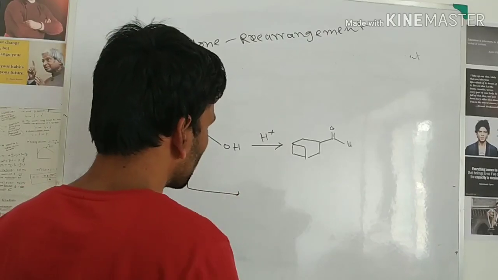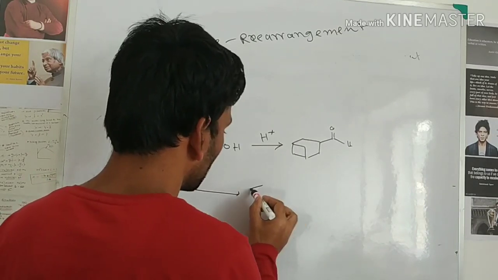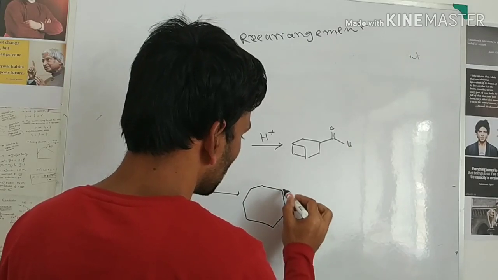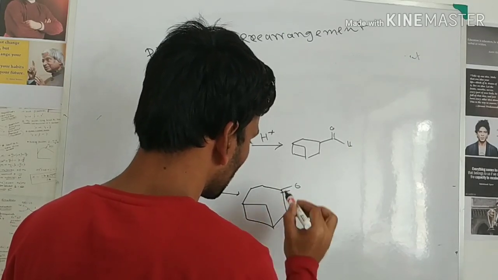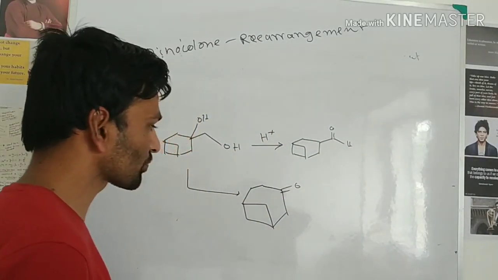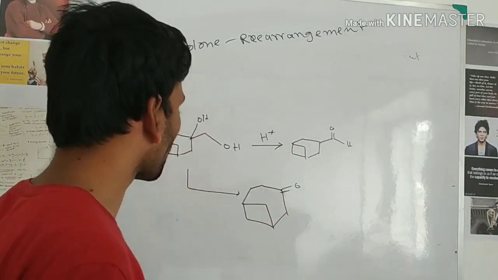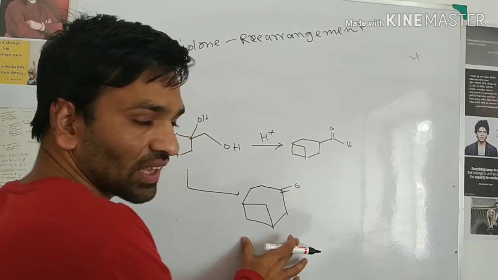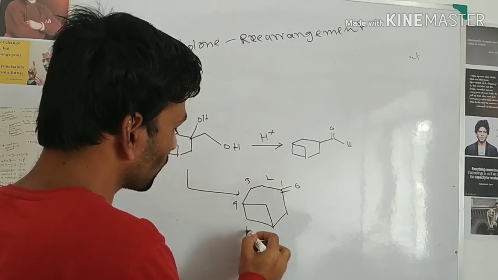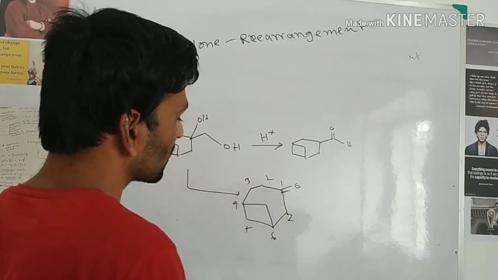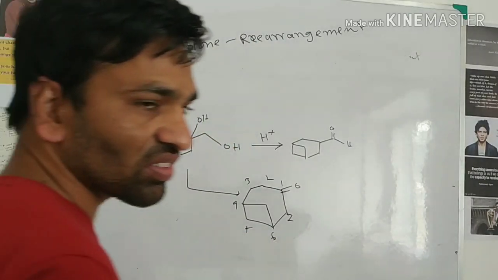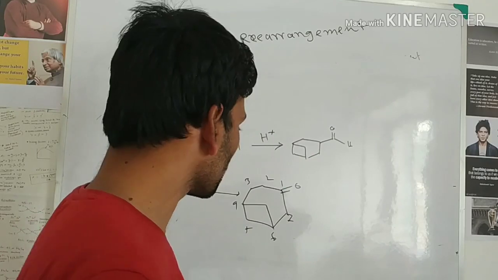I can synthesize this compound, but this is the ring expansion reaction. 1, 2, 3, 4, 5, 6, 7. But these compounds can be obtained by other procedures.